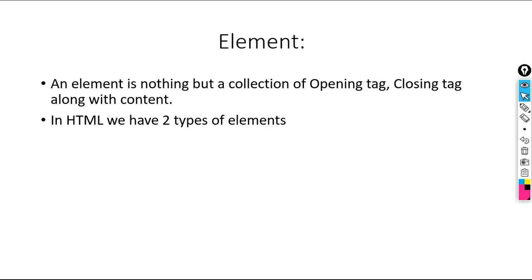Let me revise few points from previous sessions. Already I have explained HTML is series of elements and element is combination of opening tag, closing tag along with its content. Now we have come to know that there are two types of elements. What are those? Normal elements and void element. What is normal element? What is void element?